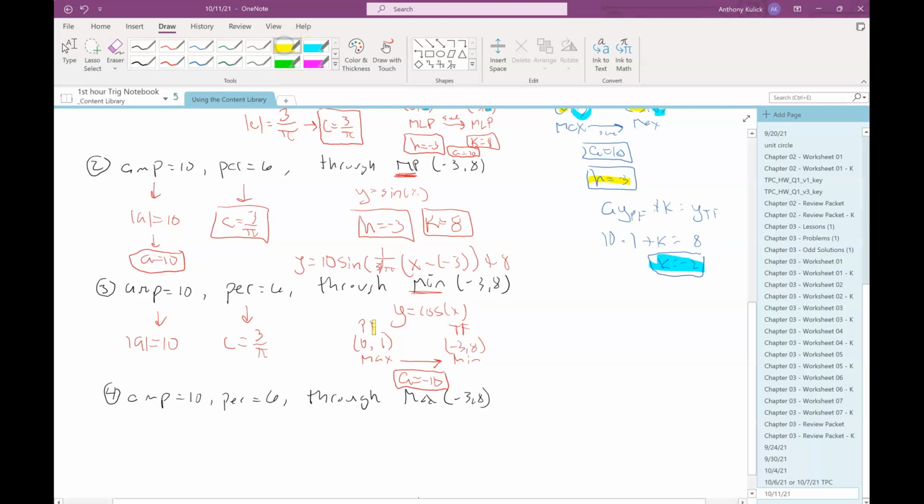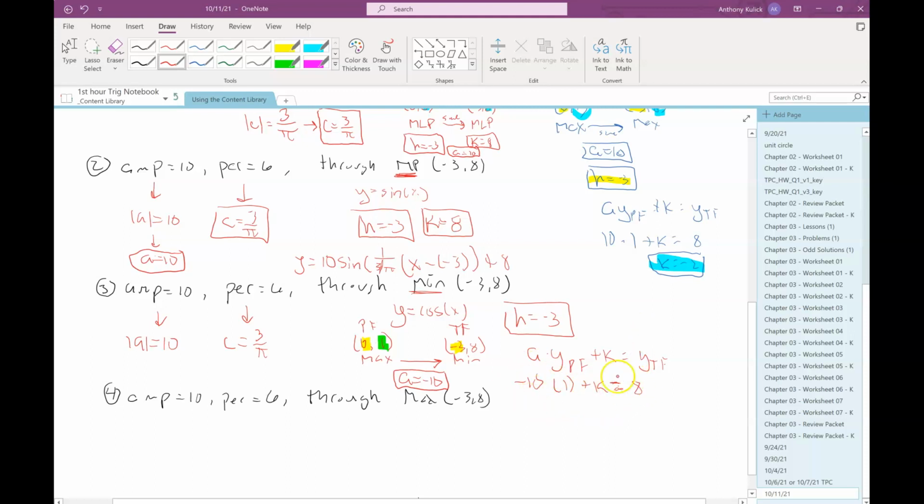Since the x-coordinate of our parent function we're using is 0, the x-coordinate of our transform function is going to be my h. And then because the y-coordinate of my parent function is not 0, that means I'm going to have to write an equation to solve this. So the equation is a times the y-coordinate from our parent function plus k has to equal the y-coordinate from our transform function.